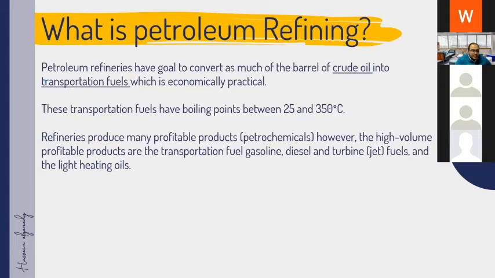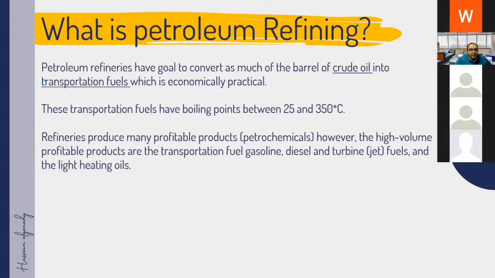But after that, to take the valuable products from the crude oil, you have to refine the crude oil. So what is petroleum refining? Petroleum refining has one goal: to convert as much of a barrel of crude oil as possible into transportation fuels.